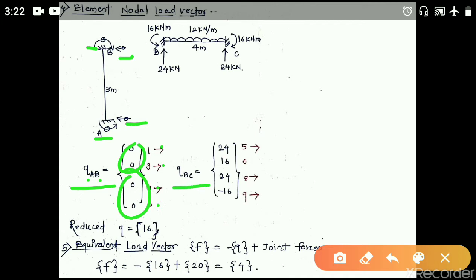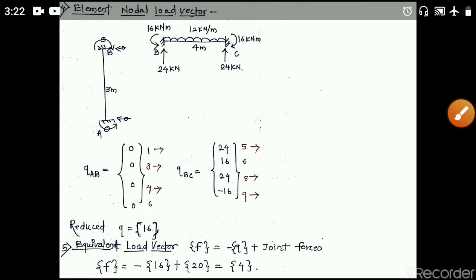Then for BC, follow the same order. First write the reaction and moment from B, then the reaction and moment from C. Reaction 24 is written here, moment 16 here. Then from C, reaction 24 and moment clockwise minus 16, with the associated displacements 5, 6, 8, 9.